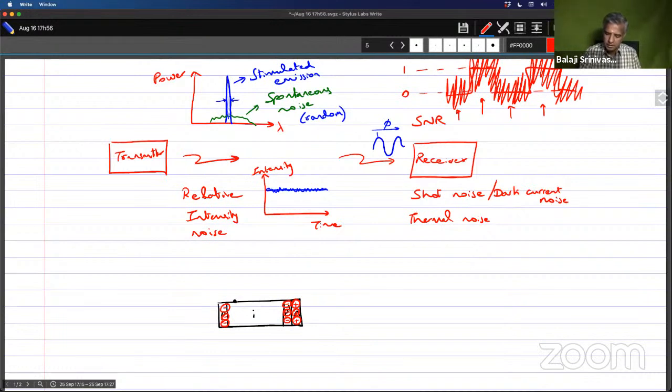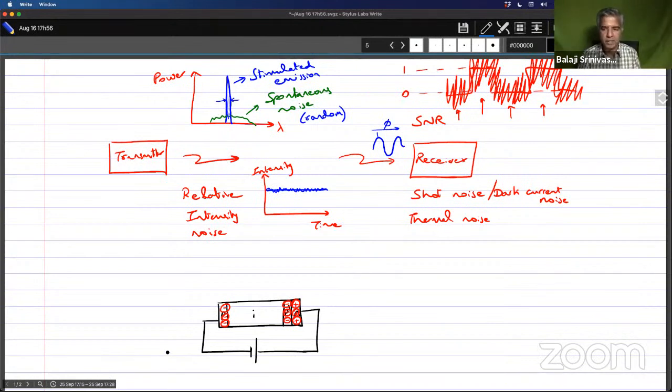So when you connect this photodiode to an external circuit, typically we tend to reverse bias the photodiode so that you can improve the response time of the photodiode. If you connect it to a reverse bias, the fields will exist only in those regions where you have these charges.